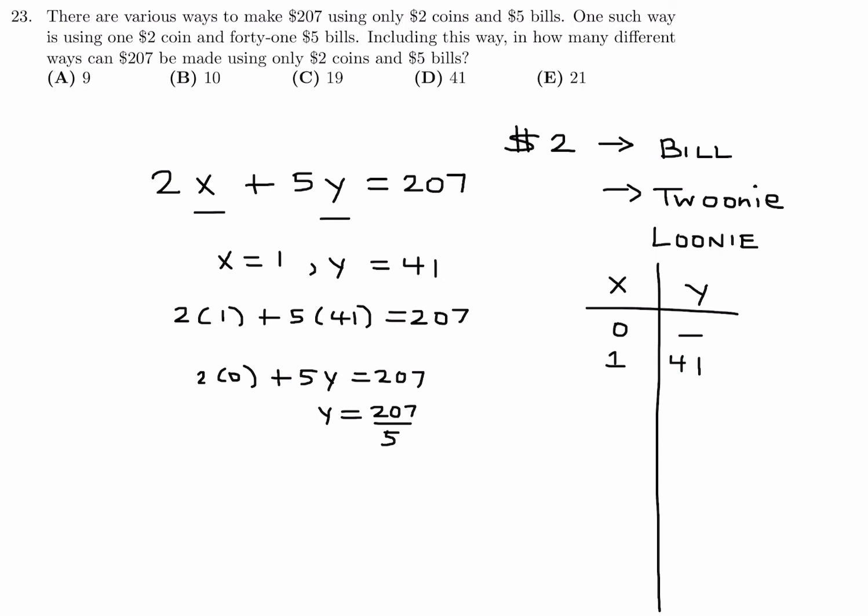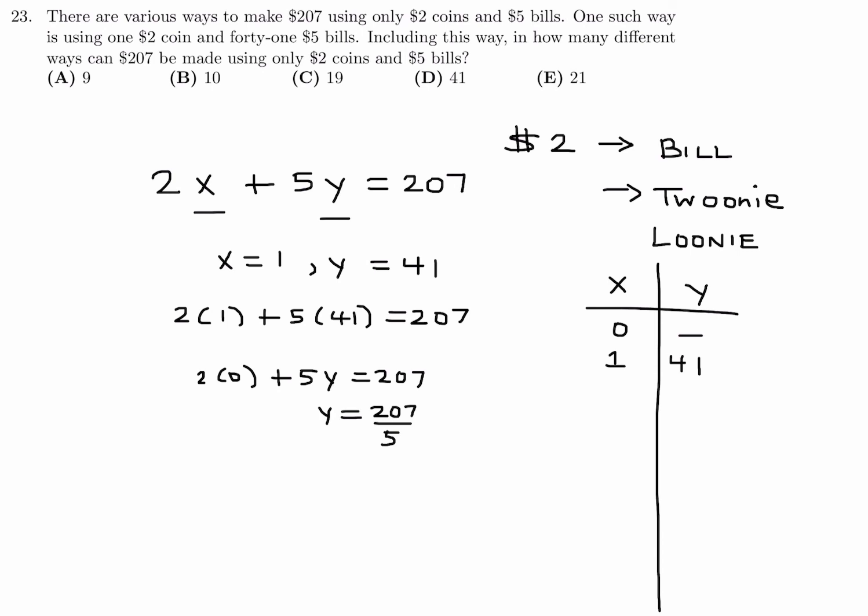Now, very quickly, you'll find out that this will only work when Y can be brought down to a very specific amount. What I mean is that when you put in values for X and then solve for Y, Y has to be an integer. And that can only happen if the remaining number is a multiple of 5.